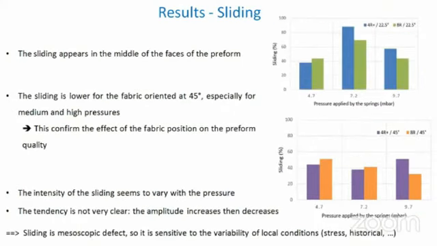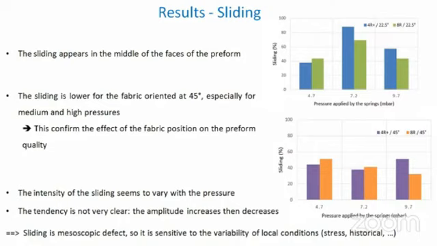Sliding appears in the middle of the face of the preform. The sliding is lower for the fabric oriented at 45 degrees, especially for medium and high pressure. This confirms the effect of the fabric position on preform quality.